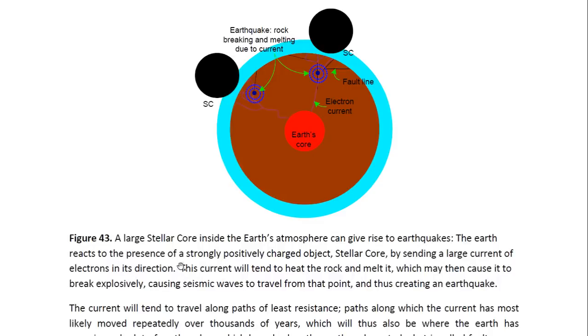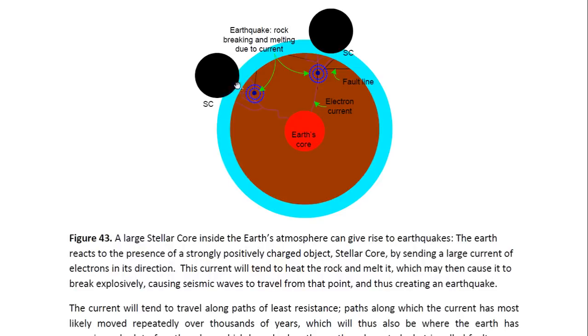So the Earth reacts to the presence of a strongly positively charged object, a stellar core, by sending a large current of electrons in its direction. This current will tend to hit the rock and melt it, which may then cause it to break explosively, causing seismic waves to travel from that point and thus creating earthquakes. And the Earth, like all celestial objects, is supposed to have a positive core and a negatively charged outer layer.